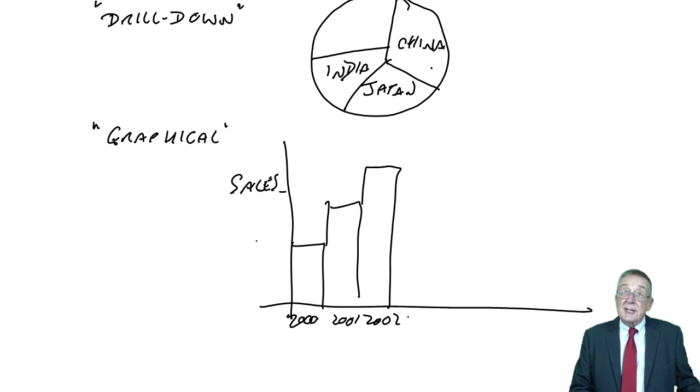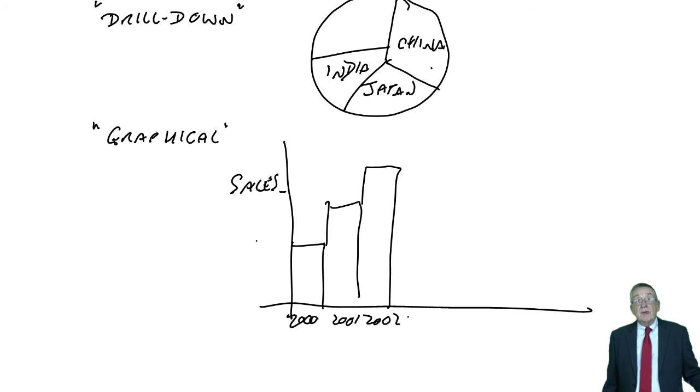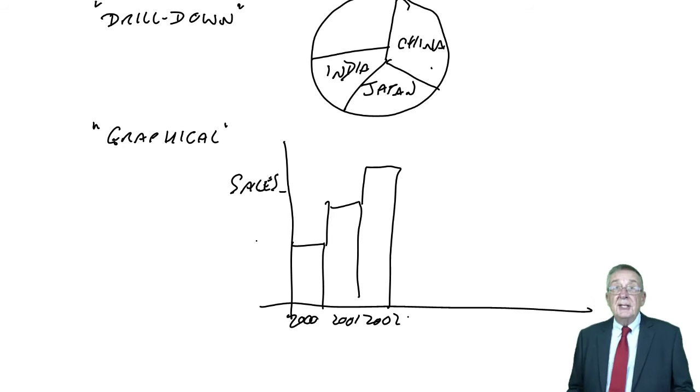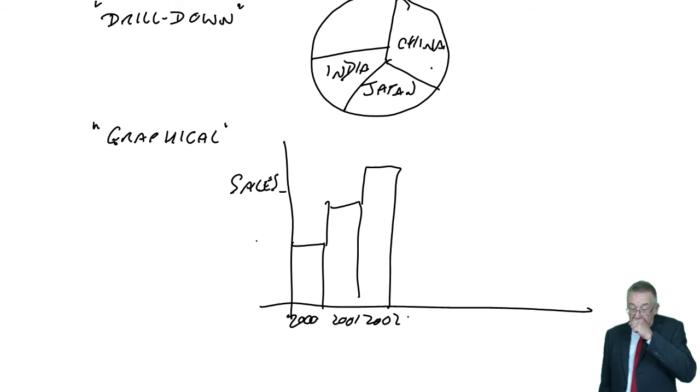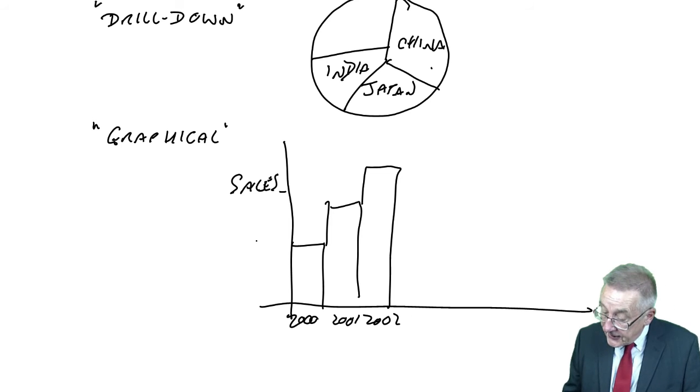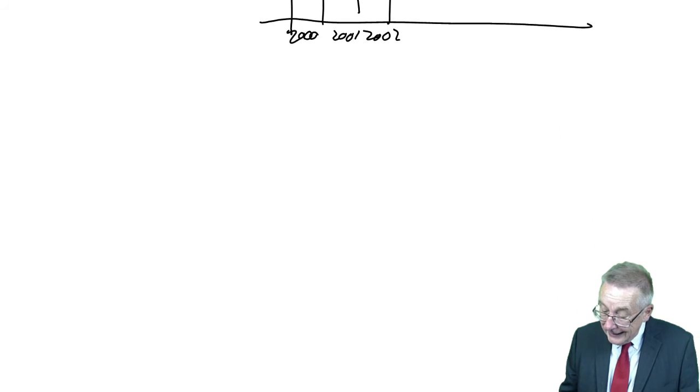Because again, the MIS is only coming out with standard reports. For this sort of decision, I'm likely to want special reports, depending on the decision I'm making. Okay, that's EIS.